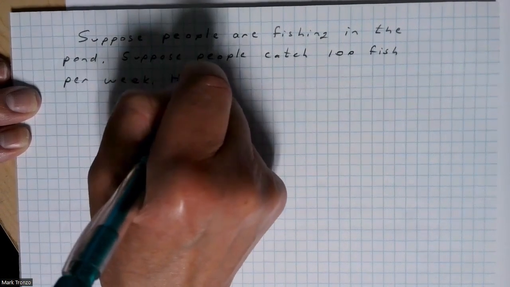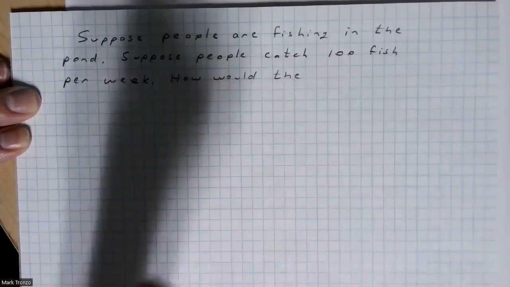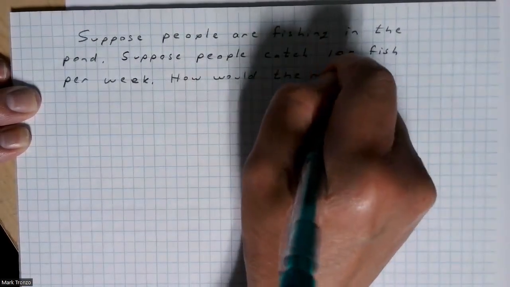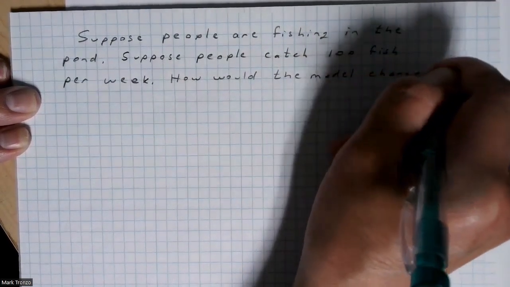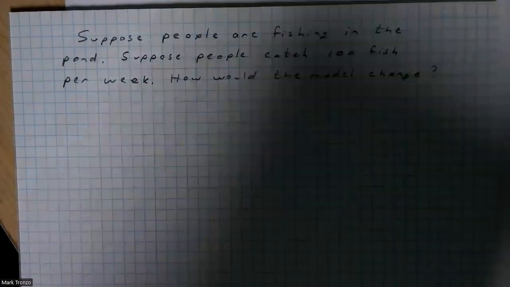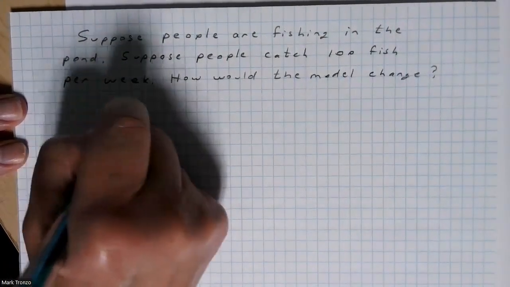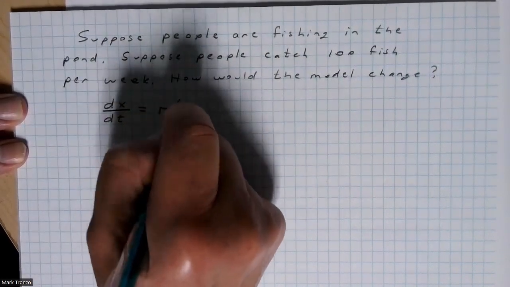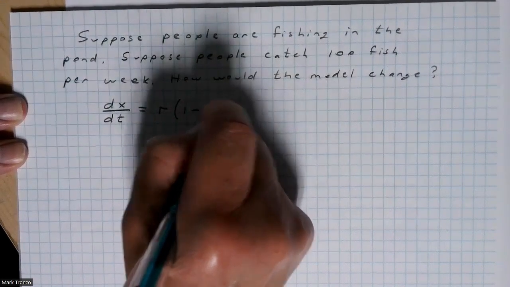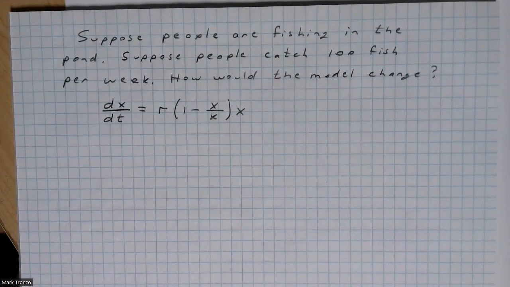How would the model change? When we look at the model that we had a little bit ago, we got it to the point that it looked like this, except now they're going to be catching 100 fish per week.